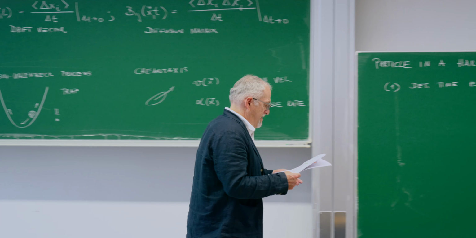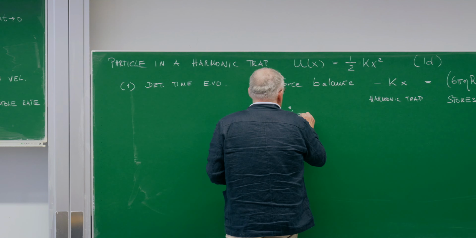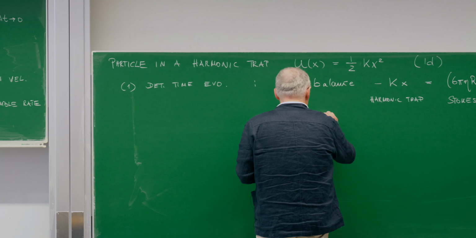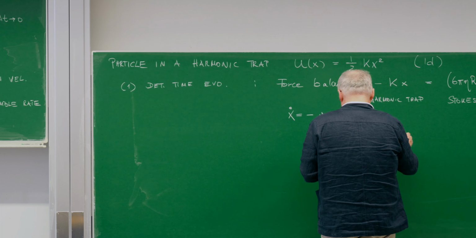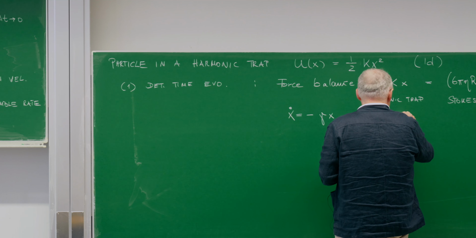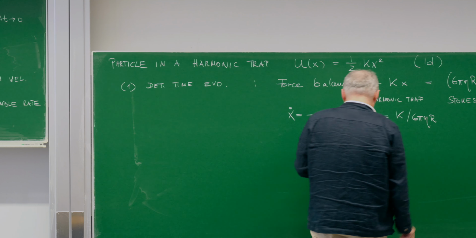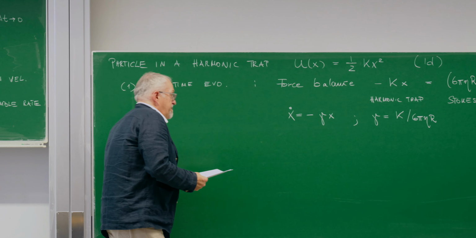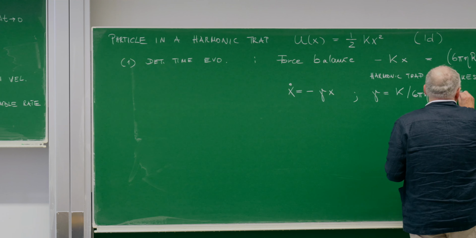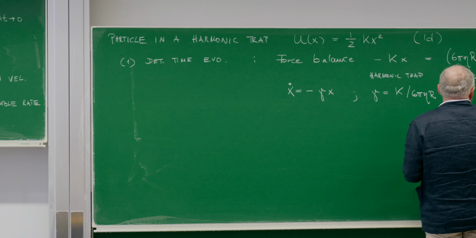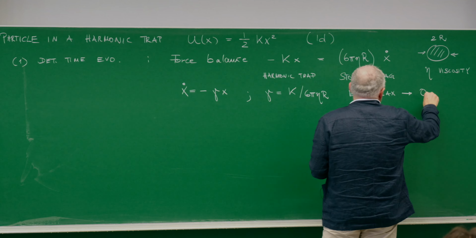So I would have a dynamics x dot equals minus gamma x, where gamma, collecting terms, is the spring coefficient divided by the friction coefficient. So you have exponential relaxation towards position 0.